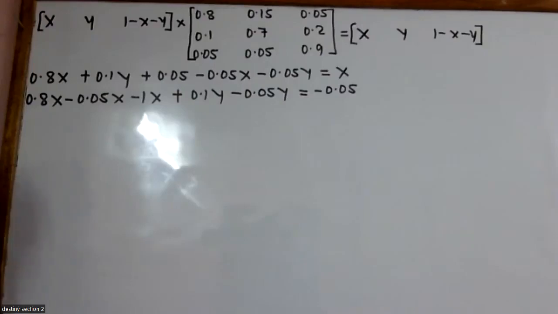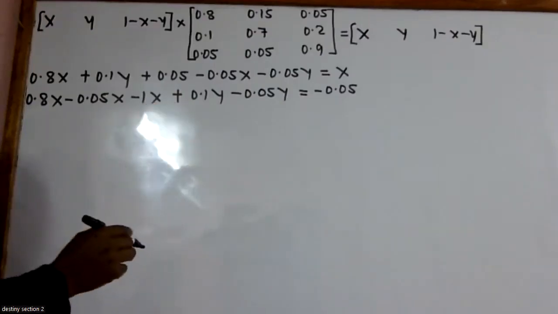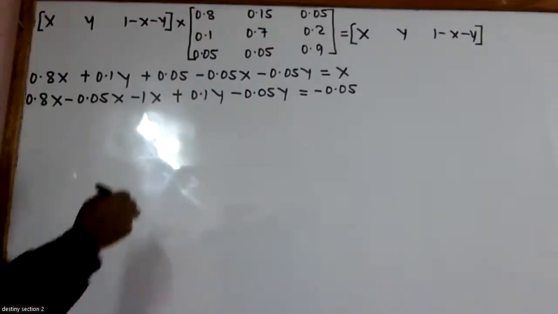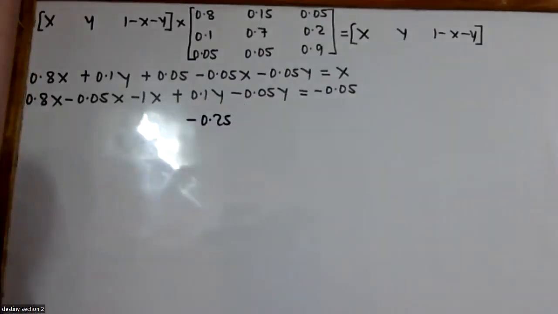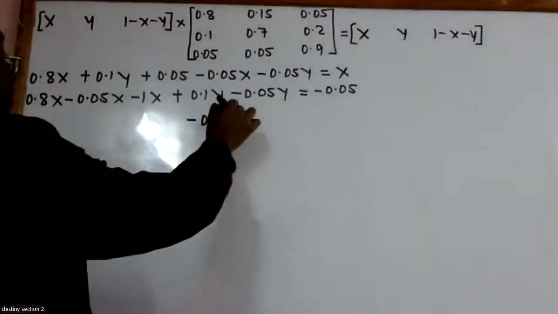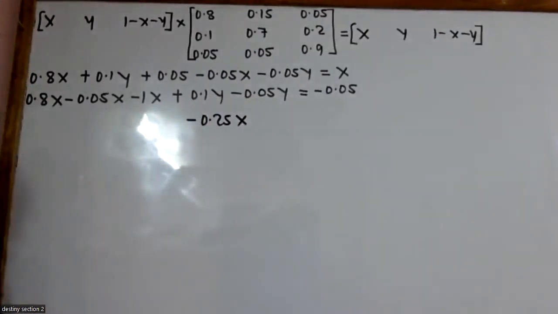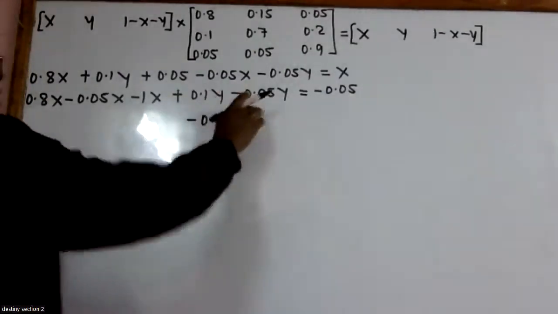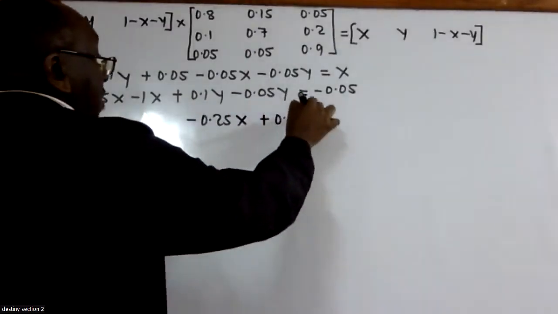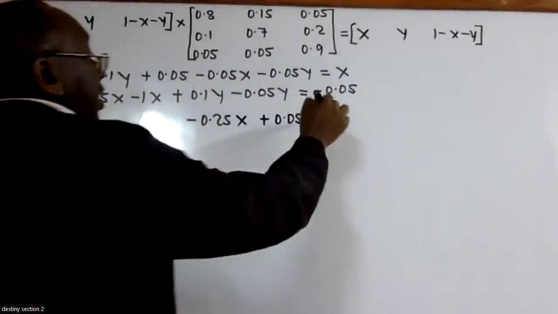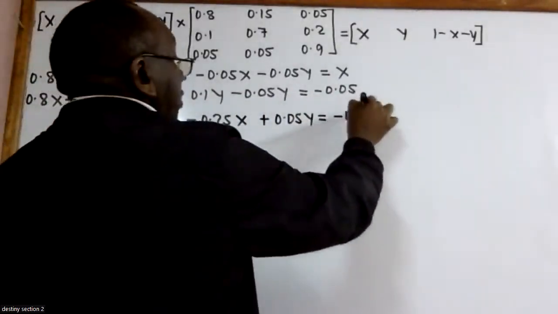Negative 0.25, yes. Then y, this one minus this remains positive 0.05y being equal to minus 0.05.